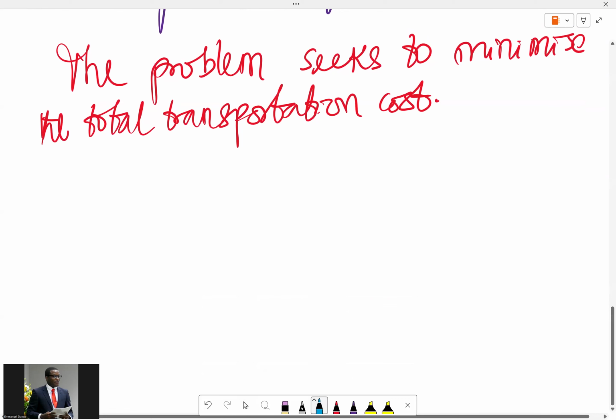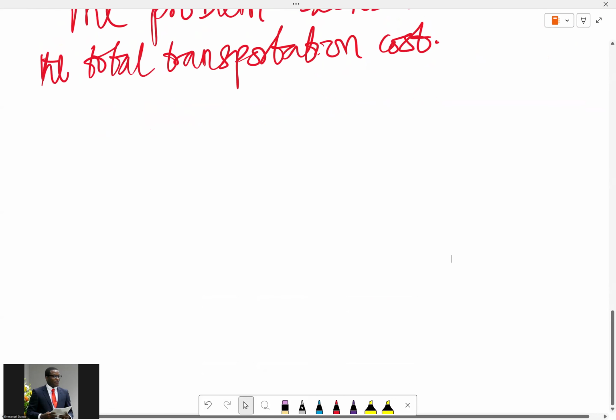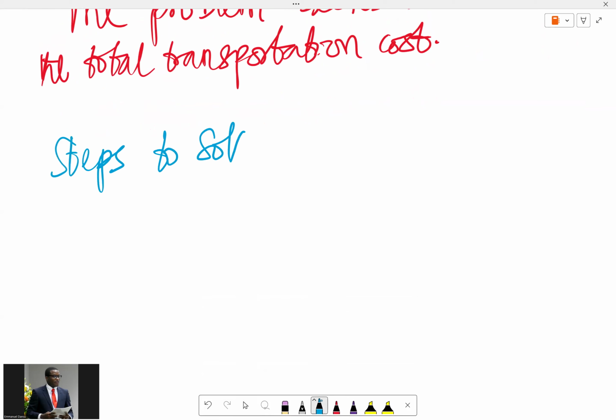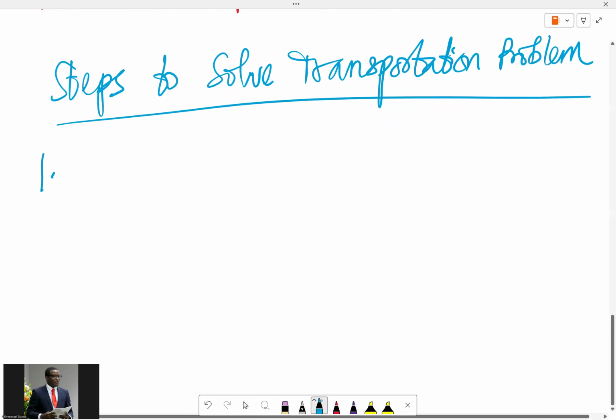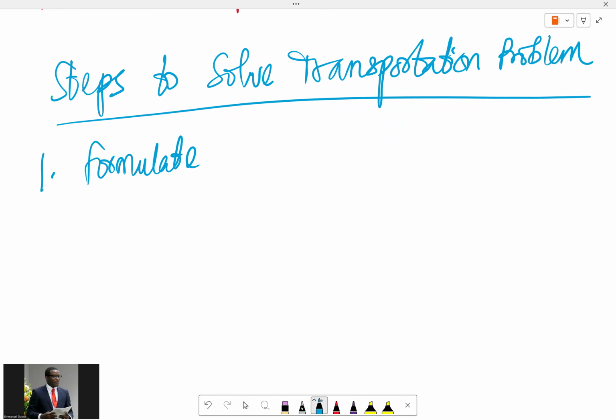So let's look at the steps required to solve a transportation problem. Step one is to formulate the transportation table.